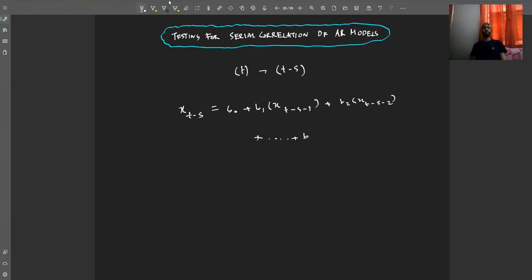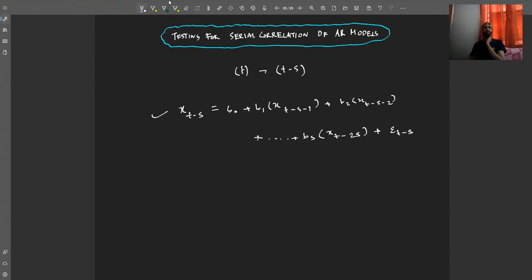So bs x t minus 2s plus the error for the variable x t minus s. So this is the first equation that we develop.